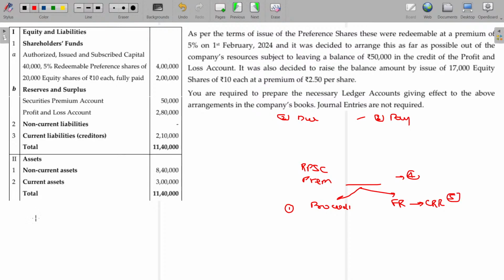Cross verification is for what? Face value of redeemable preference share capital should be equivalent to proceeds and CRR.